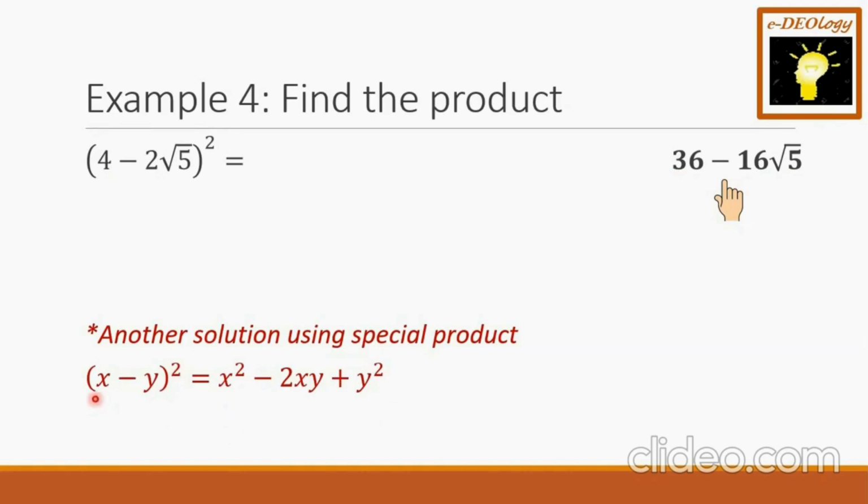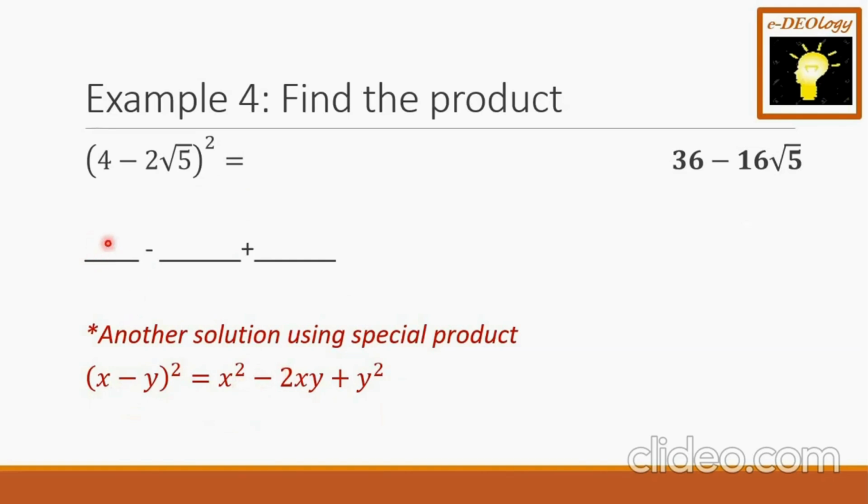So it means the x minus y quantity square is equal to these three terms, x squared minus 2xy plus y squared. So for the answer here, I am putting here three blanks to represent the three terms for the final answer.